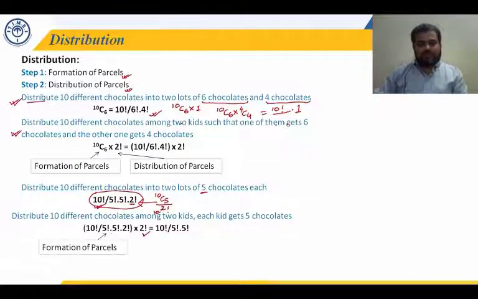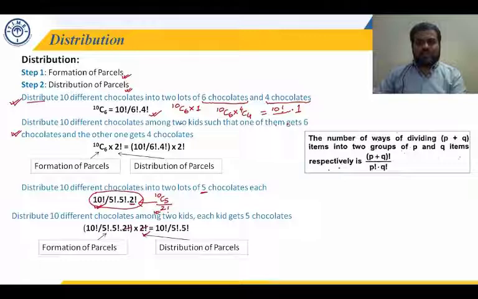So the terms inside the bracket are for formation of parcels, which we did in the previous case, and the 2 factorial is for distribution of parcels. So here you will get 10 factorial by 5 factorial into 5 factorial, because this 2 factorial will cancel out with this 2 factorial.